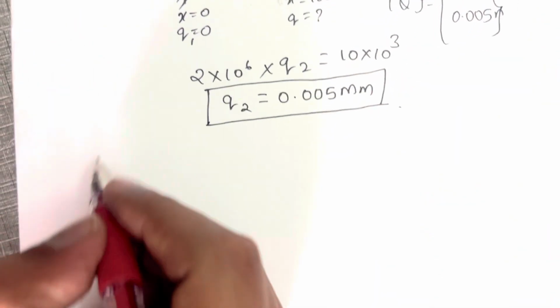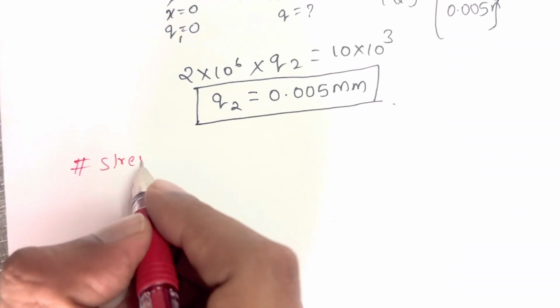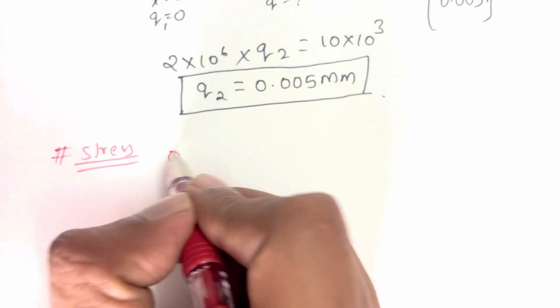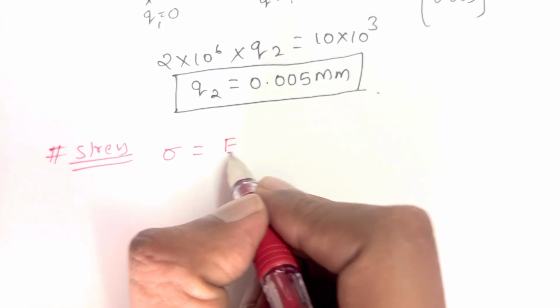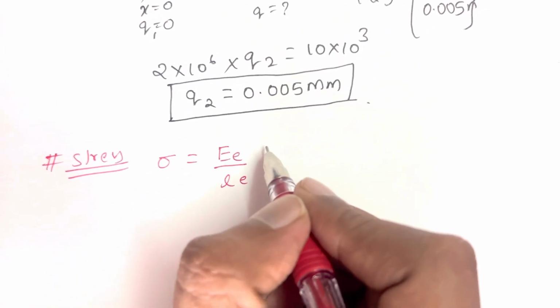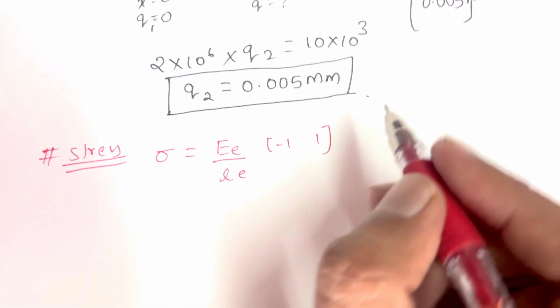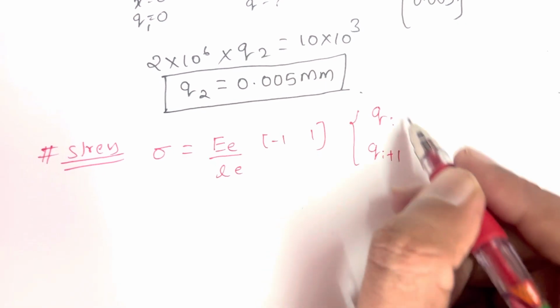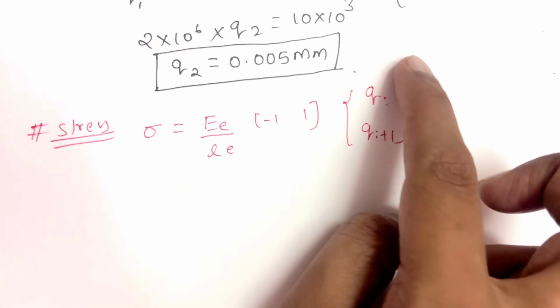We have to calculate stress in each element, but here we have only one element, so sigma is equal to E by L times [-1, 1] times [Qi, Qi+1]. Here we have two nodes, Q1 and Q2.